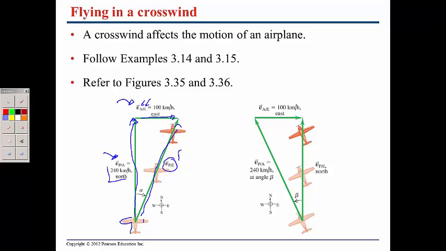What an airplane wants to do is tilt over at some angle such that now they're going at 240 kilometers per hour at some angle. That's the velocity of the plane with respect to the air.